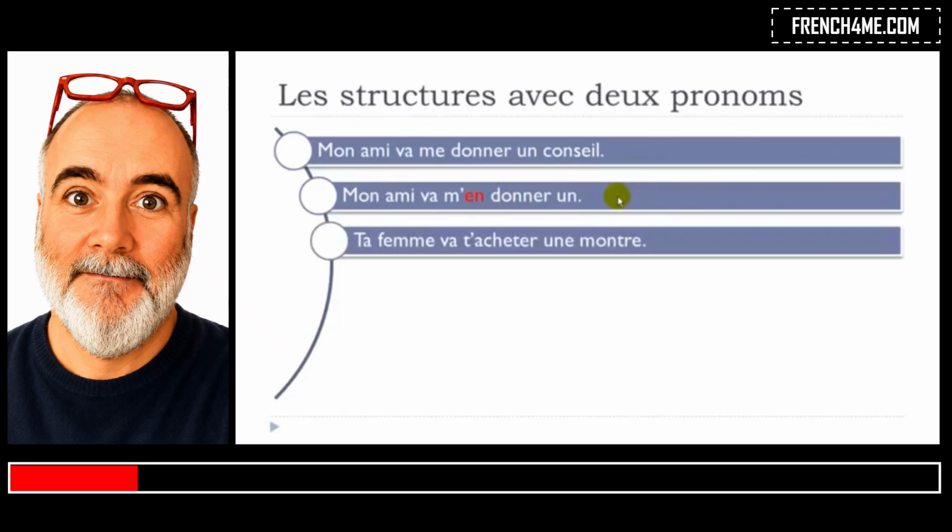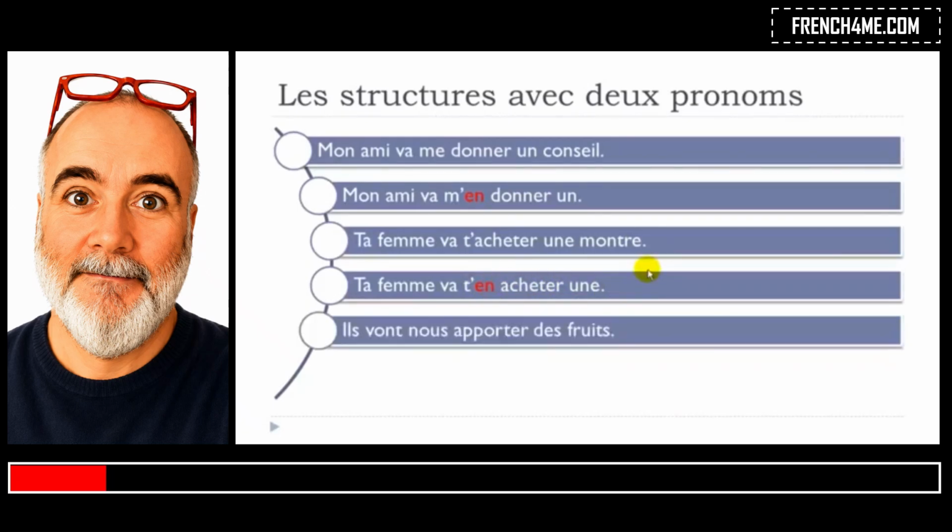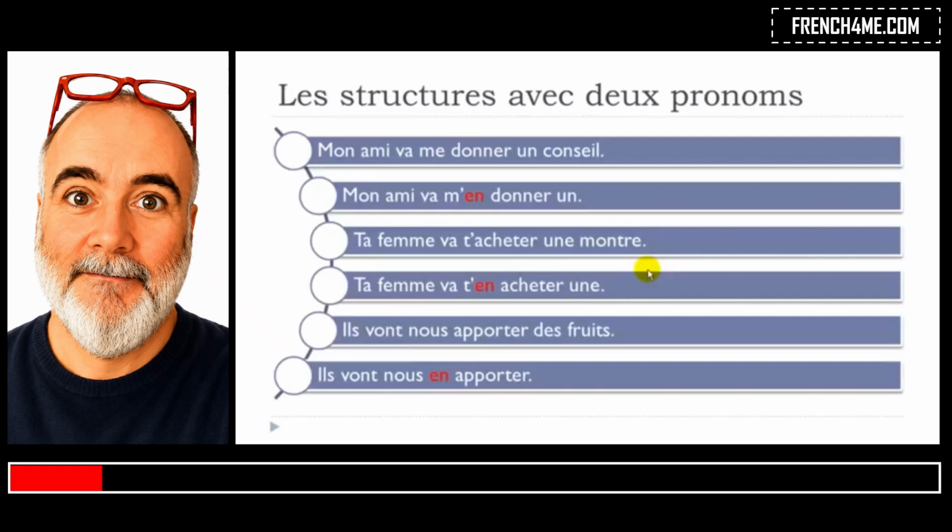All right. Ta femme va t'acheter une montre. Exactly the same rule. Ta femme va. So you've got first your verb here, then te, but then the e is going away, en, and the second verb, acheter une. All right. Ils vont nous apporter des fruits. Ils vont nous en apporter. Okay, so that's the only thing that you should remember.